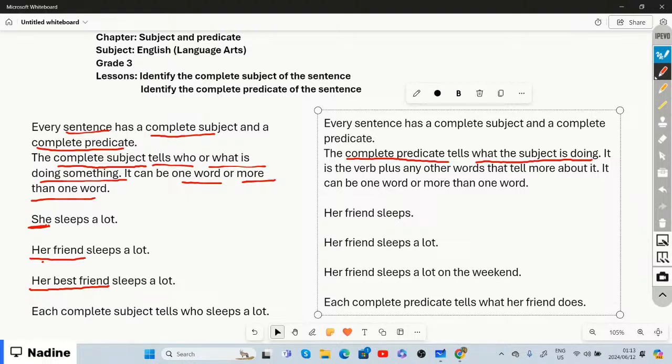The predicate is the verb plus any other words that tell us more about it. And it can be one word or more than one word.